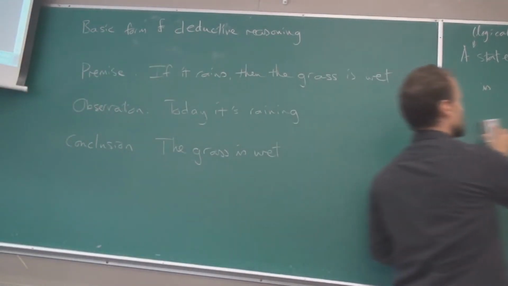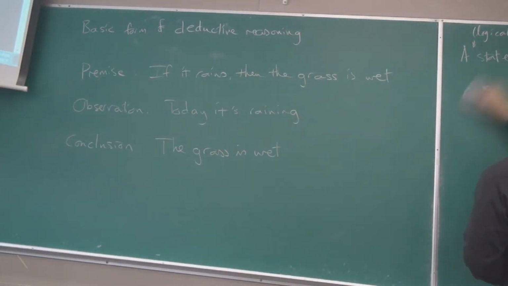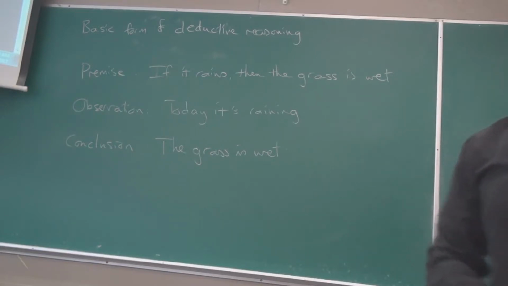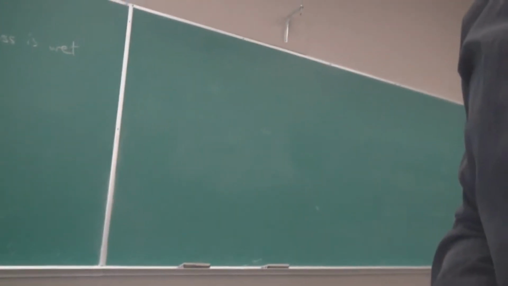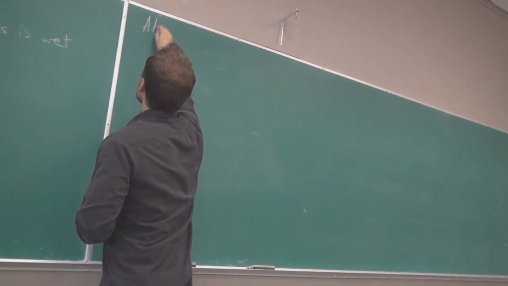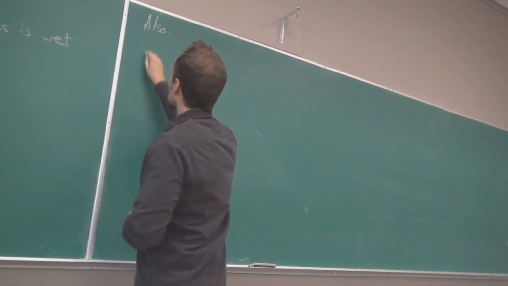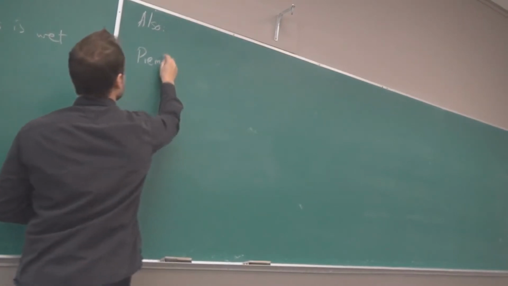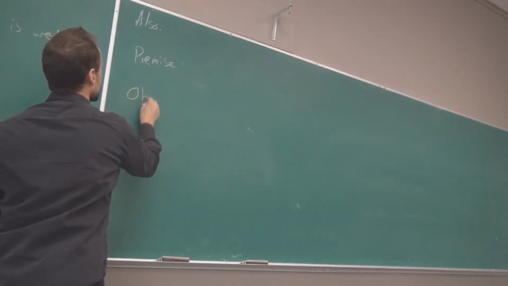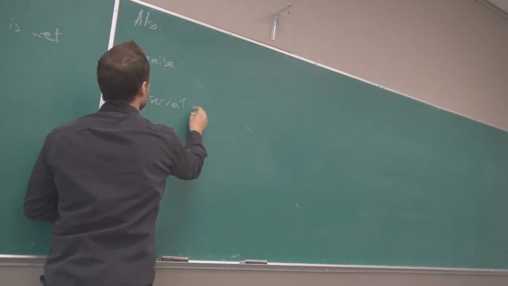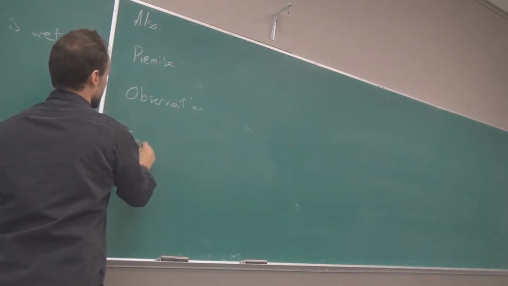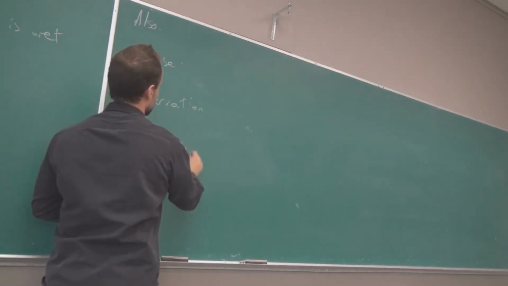There is also an alternative one, which is exactly the same, but the phrasing is a little different in appearance. We can also say it this way. We still have premise, observation, and we make a conclusion.